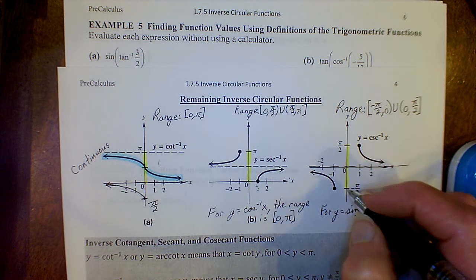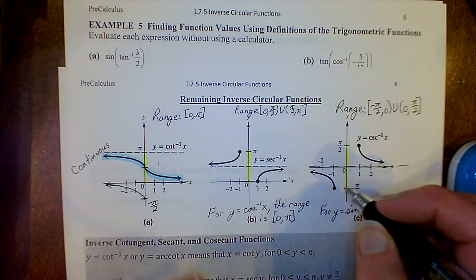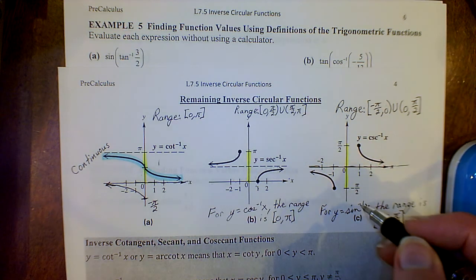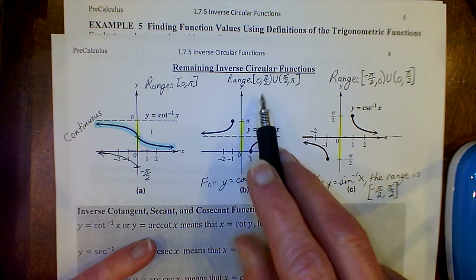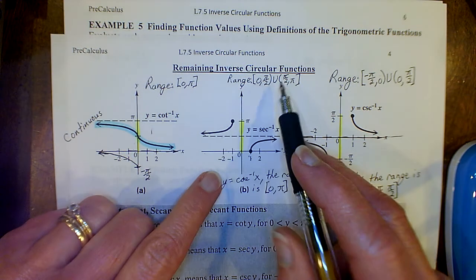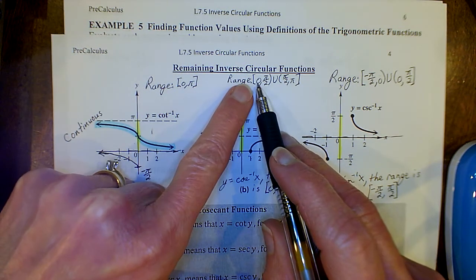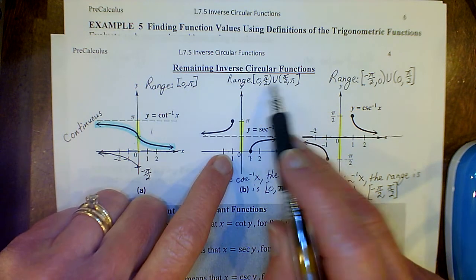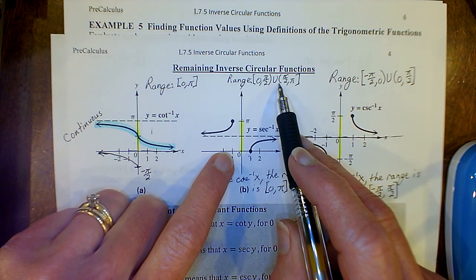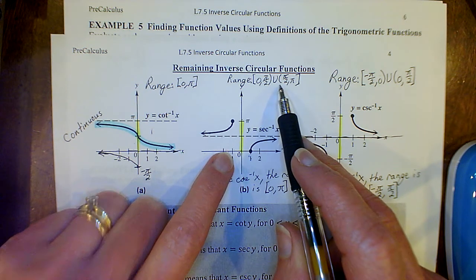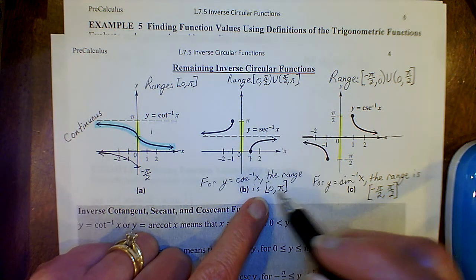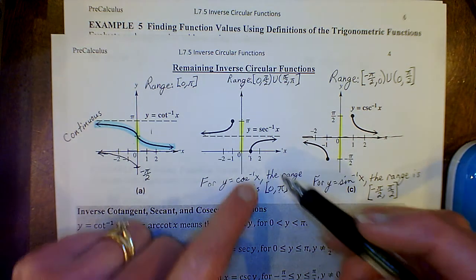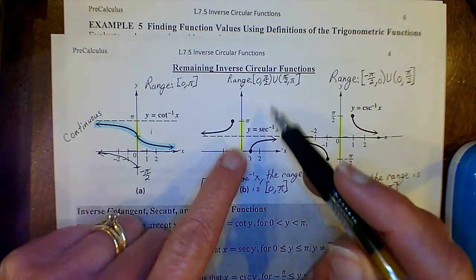And we could keep the same ending points in our intervals for the inverse cosecant as we had for the inverse sine. Here's the range for the inverse secant, and it ends at 0 and it ends at pi, and we just have to pick up our pencil long enough because of the asymptote that we have at y equals pi over 2. And down here, the ends are at 0 and pi. So we have the same ends in both of these functions.